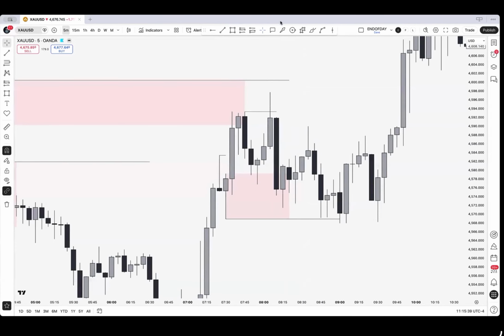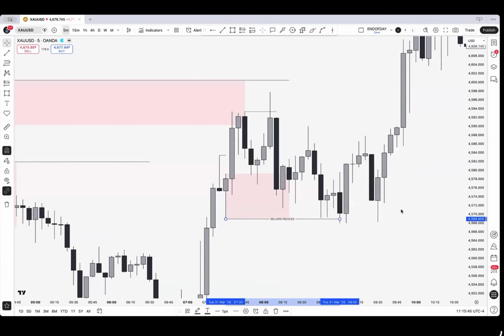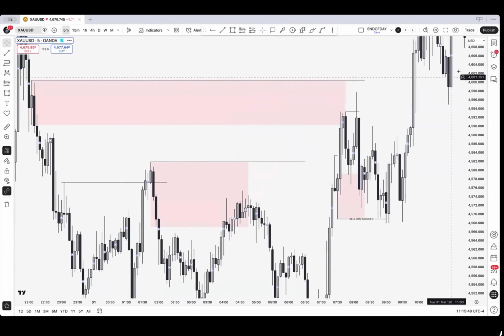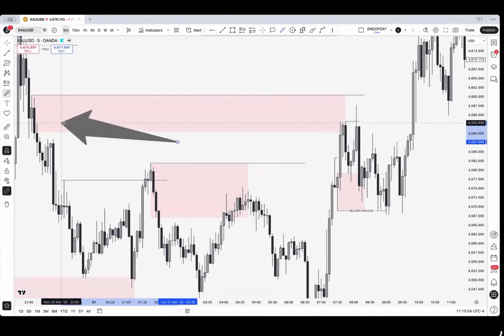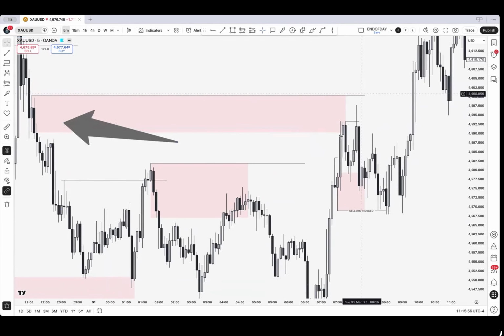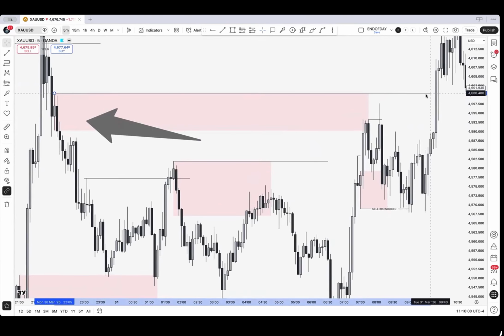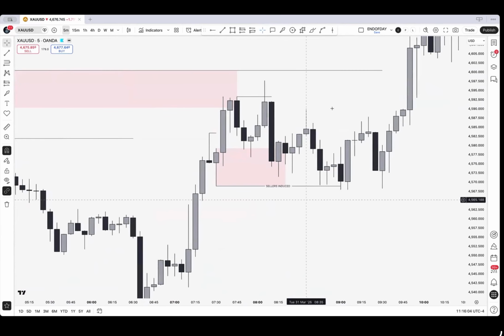So now, once we get that buildup taken, we have induced sellers. And notice the fact that we induce sellers off of the back of this reaction here. Therefore, we have liquidity above these highs. So how can we potentially get into this trade?